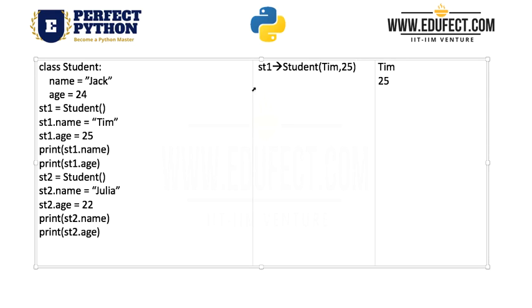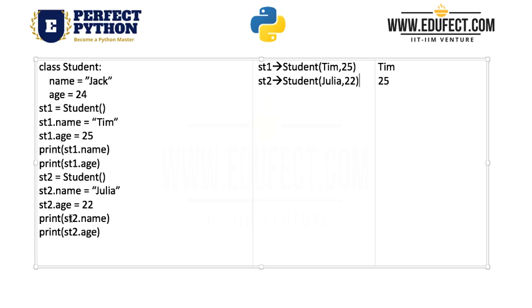Then we say st2.name is equal to Julia and st2.age is equal to 22. So st2 is again a student, and the values it has are Julia and 22. Those are the attributes. So name of st2 will be Julia and age of st2 will be 22.